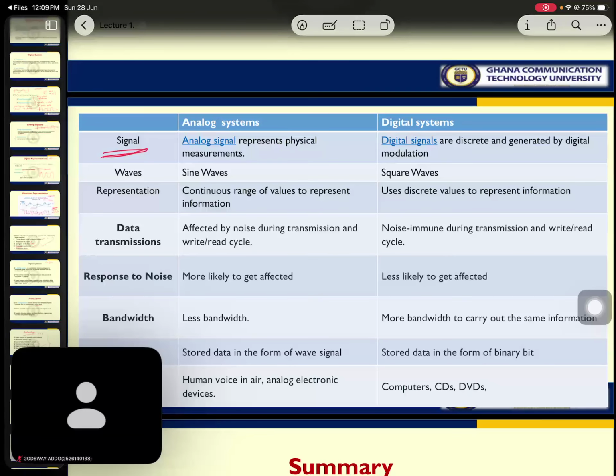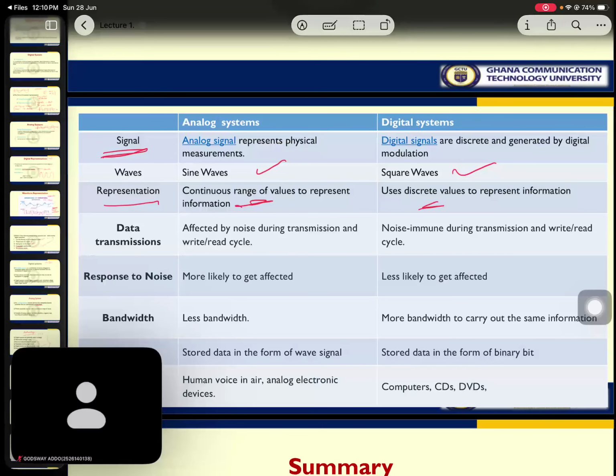In terms of waves, sine waves and square or rectangular waves. In terms of representation, one is continuous, this one is discrete. In terms of data transmission, analog is affected by noise during transmission. We have a lot of noise in analog systems. But digital systems have been programmed in such a way that they are robust, they are immune during transmission.